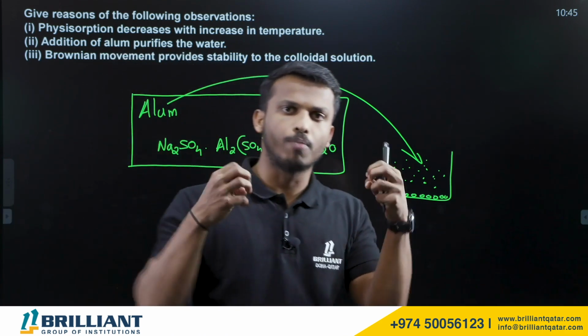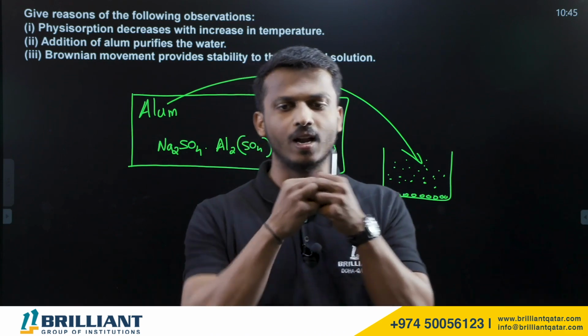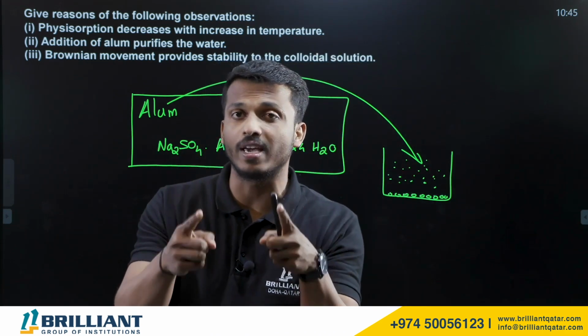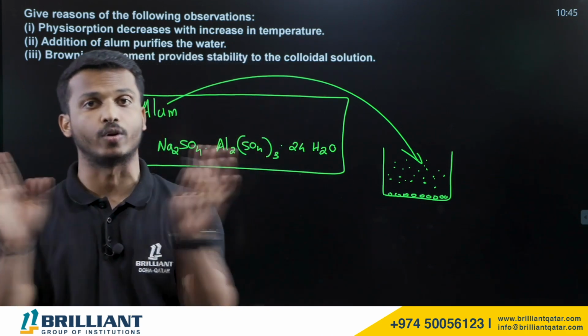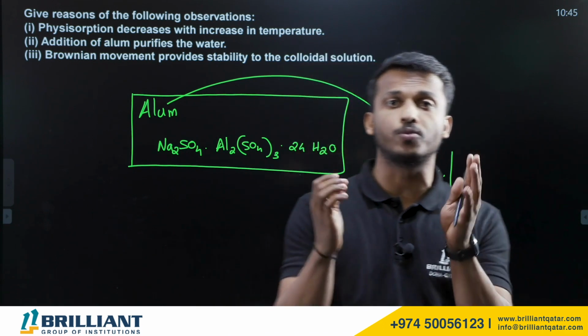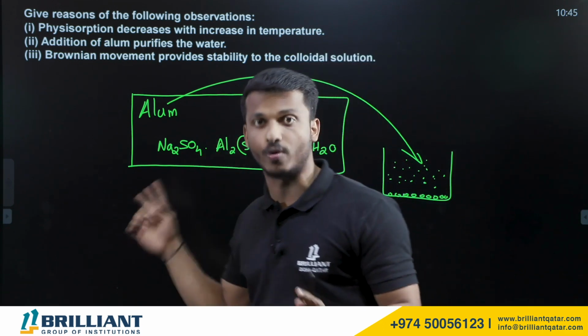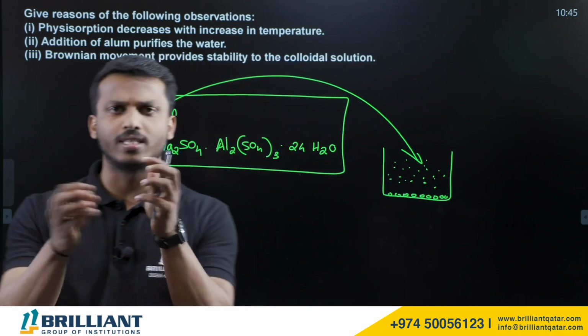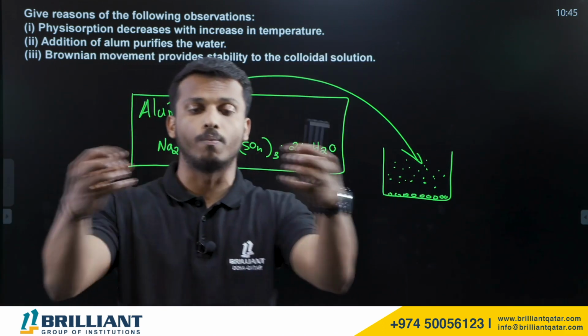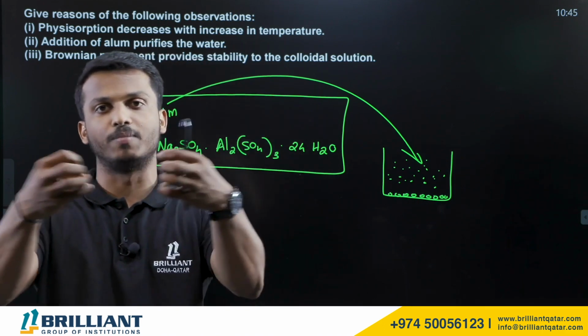Because of this constant bombardment, they are in random motion, and we can observe Brownian movement only with the help of a microscope. So they can ask you which property of a colloidal solution can be observed only through a microscope. That is Brownian movement. So this is a zigzag random movement of colloidal particles, because of the constant bombardment between them.